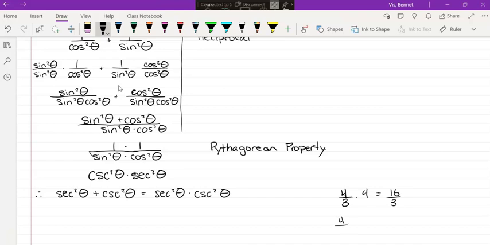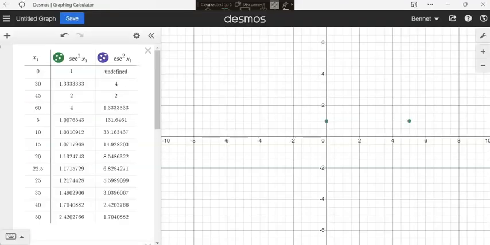But if I did 4/3 plus 4, I can't add the 4, I'd need to get a common denominator, so I'd multiply by 3/3. So that would be the same as 4/3 plus 12/3, which would be 16/3. 4/3 plus 4 is the same as 4/3 times 4, and I can find that number with those special angles in the secant squared and cosecant squared lists.